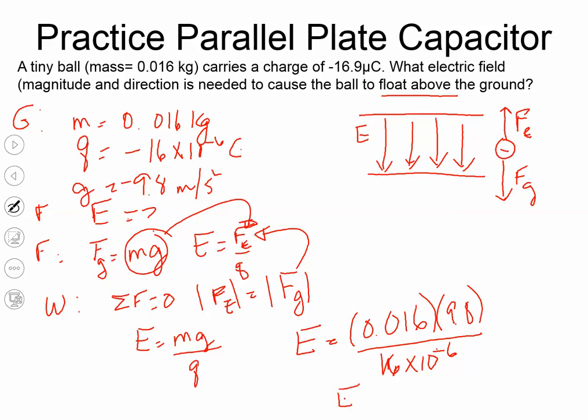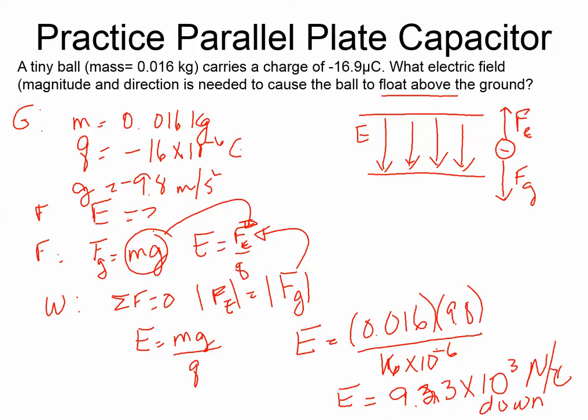And you should find that your electric field is equal to 9.8 times 10 to the 3 newtons per coulomb down. The field is directed downward. Okay, that is the first practice problem.